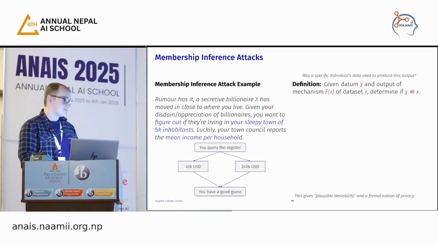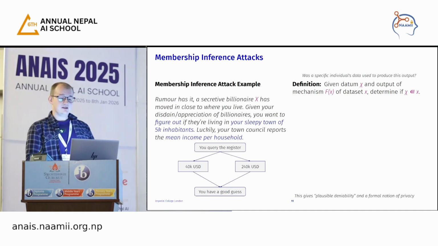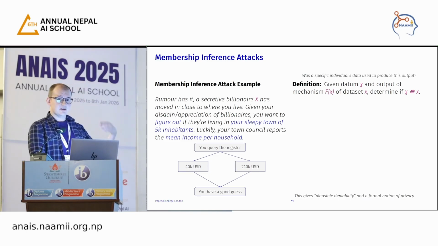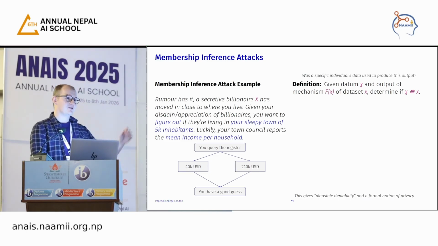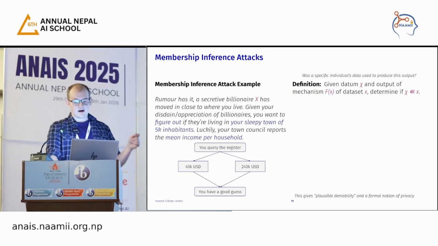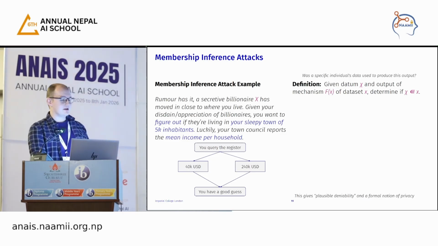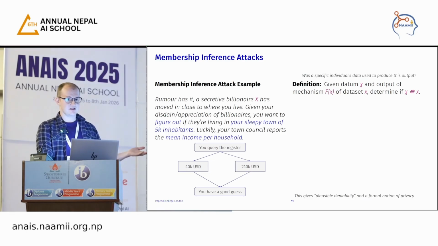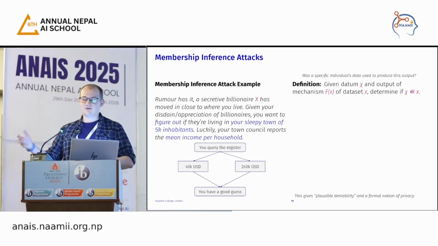Now, your town is modern, and it reports digitally the mean income per household per year. So you can query this register to see the average income per household in your town. You might get an answer of something like 40K USD, or whatever the average annual income per household in your area is.